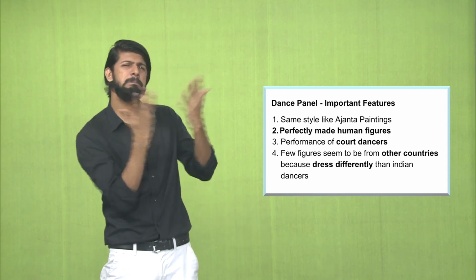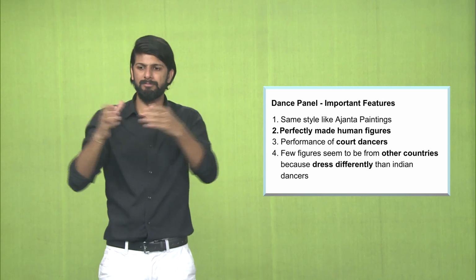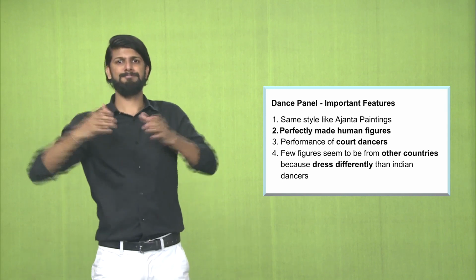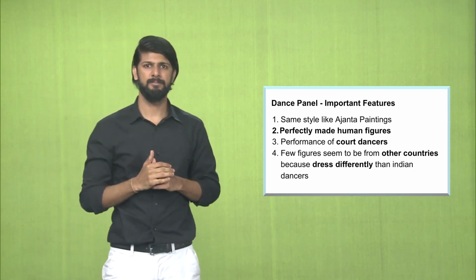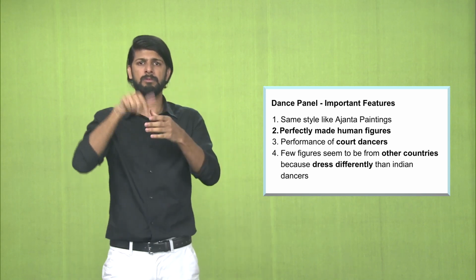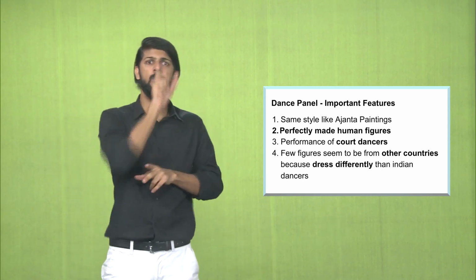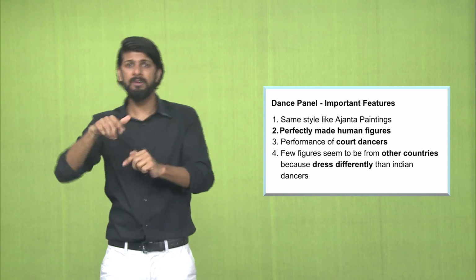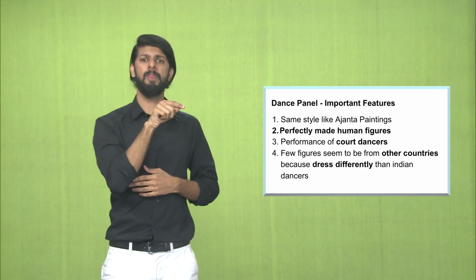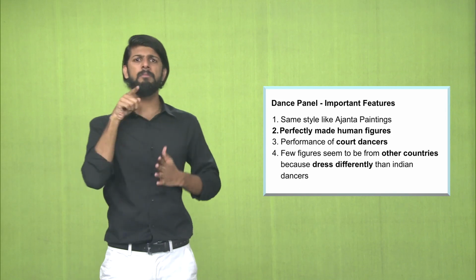This painting is a performance of court dancers. Few figures seem to be from other countries, because you would see that the Indian dancers, you can recognize them from the type of clothes, but there are some figures which are dressed differently, which means that they could be possibly from different countries.